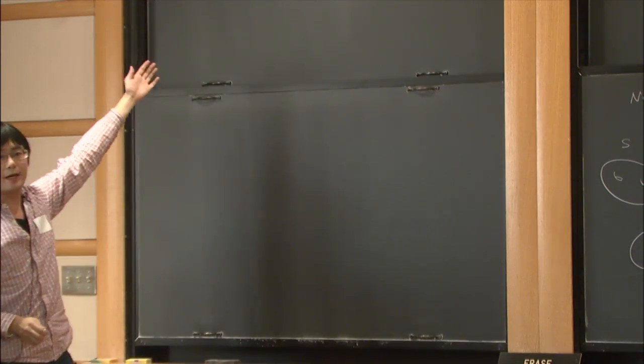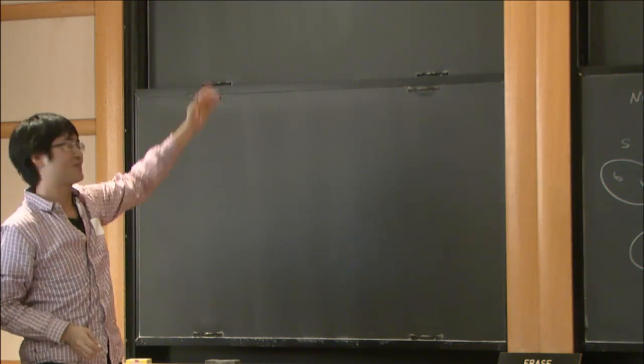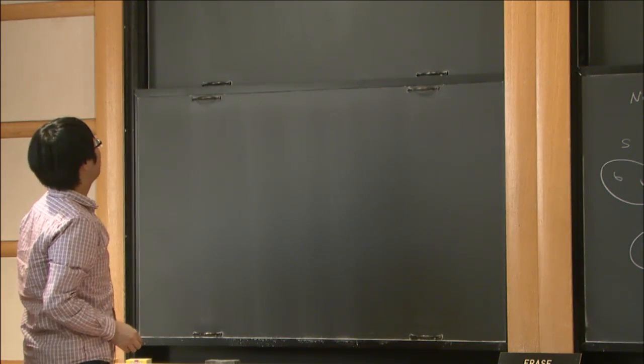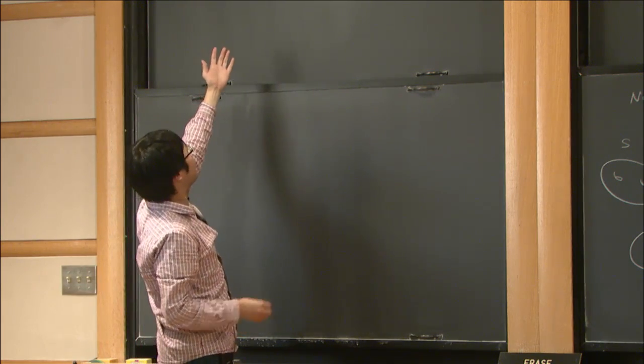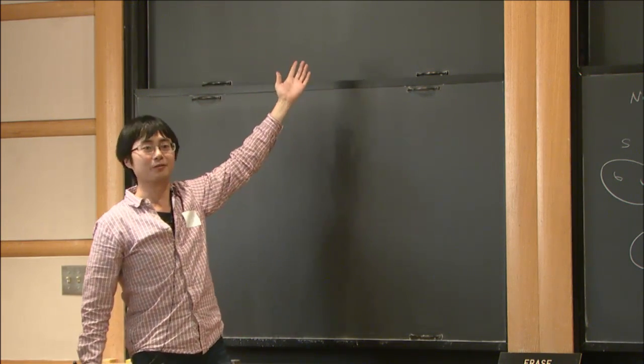If you just look at the statement above, it's barely useful because how would I know that phi of S is virtually embedded?